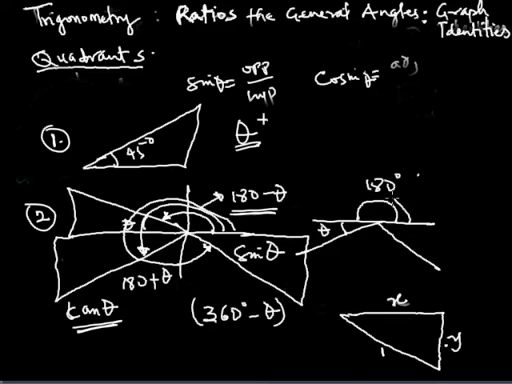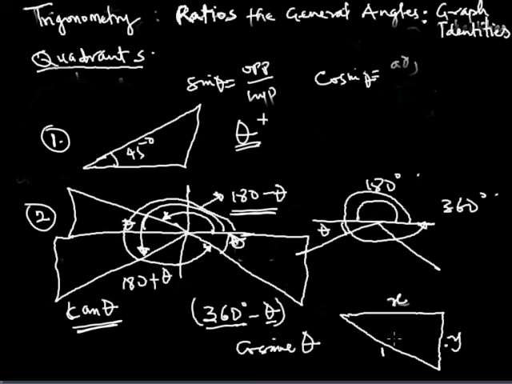If you have a full circle like this, you're going 360 degrees. So to get this angle out, you're going to have 360 degrees minus theta, and it's positive with cosine.